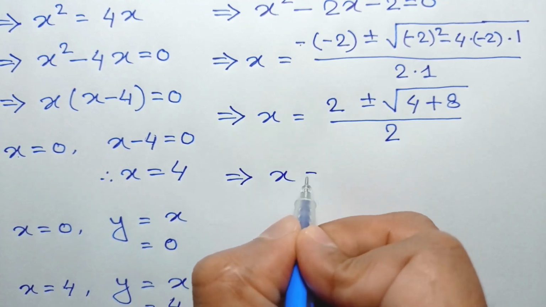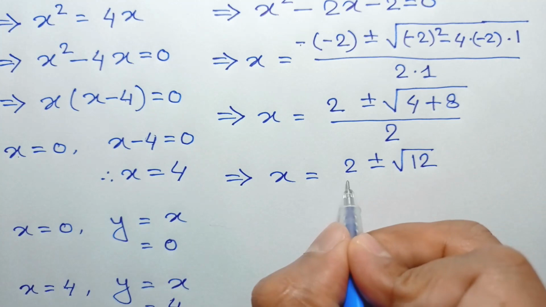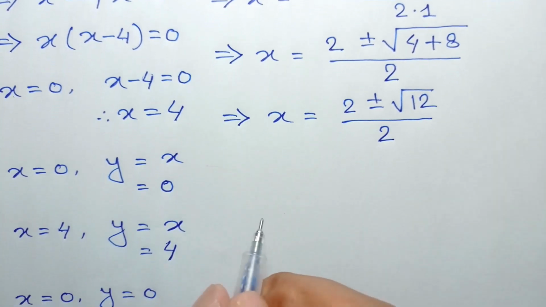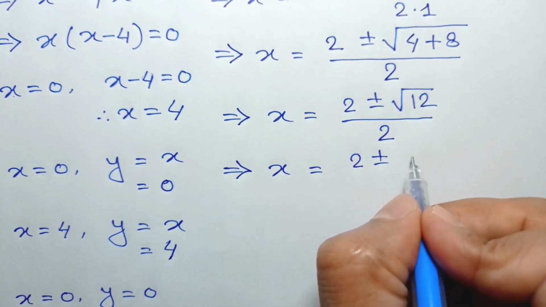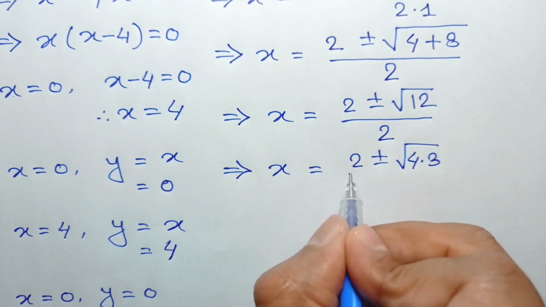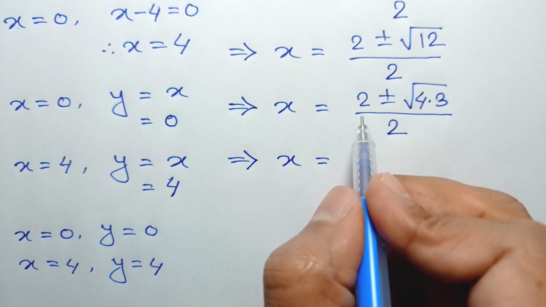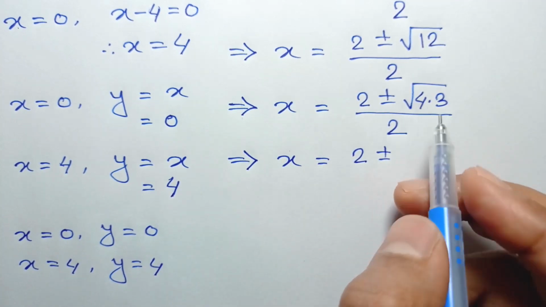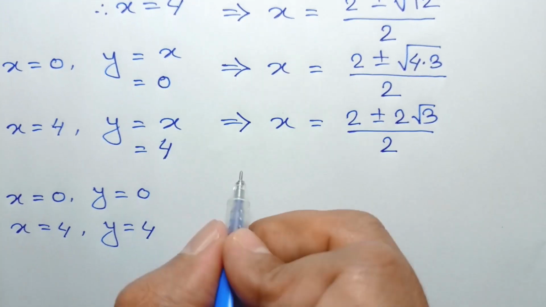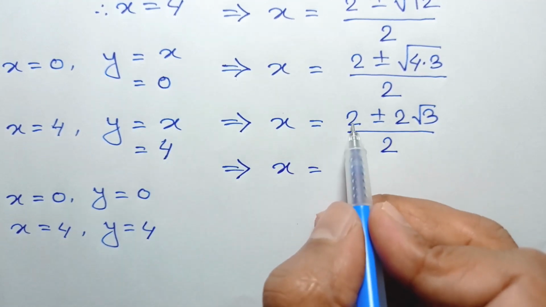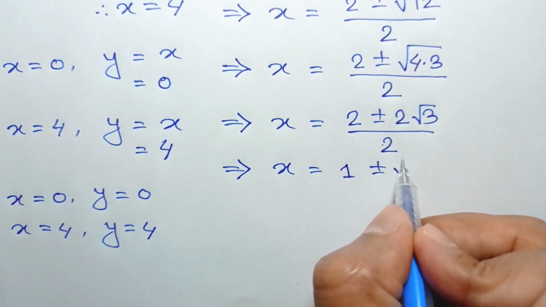or x is equal to 2 plus or minus 4 plus 8 is 12, so it will be square root of 12 over 2, or x is equal to 2 plus or minus 12 is 4 times 3 and this square root over 2, or x is equal to 2 plus or minus square root of 4 is 2 and this square root of 3 over 2, or x is equal to 2 over 2 is 1 plus or minus 2 and 2 will cancel, so it will be square root of 3.